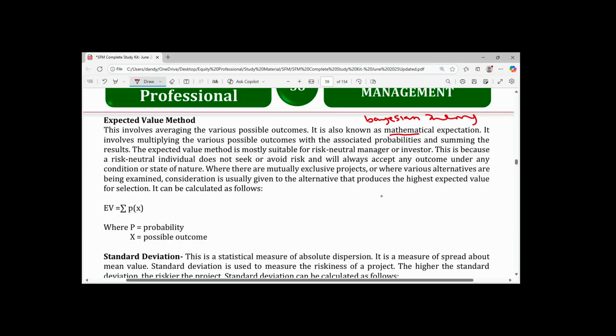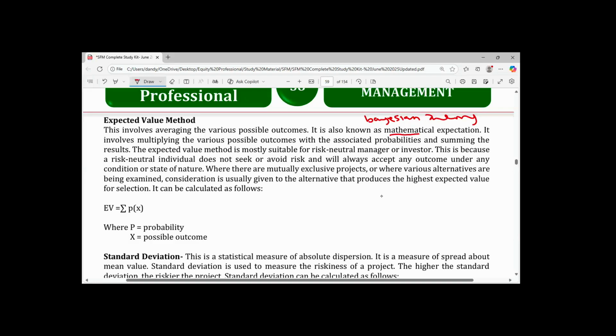Oftentimes, the examiner may not give you the probability of occurrence, but once you can see the state of nature in the question, and you are also given a value attached to the state of nature, you can use that value to determine your probability.